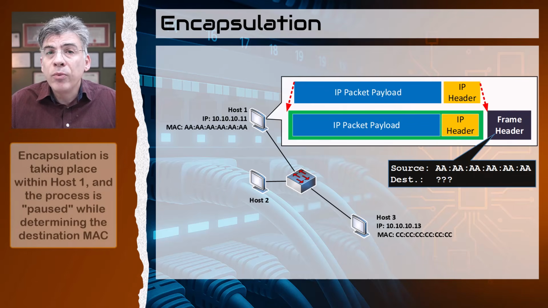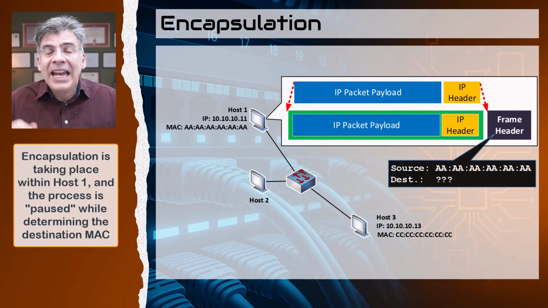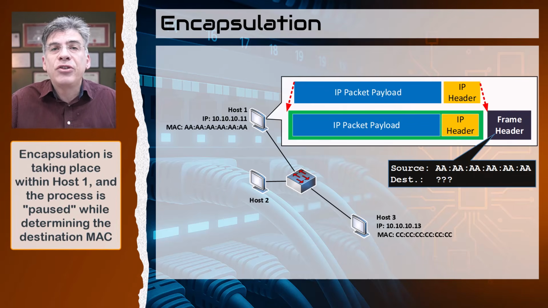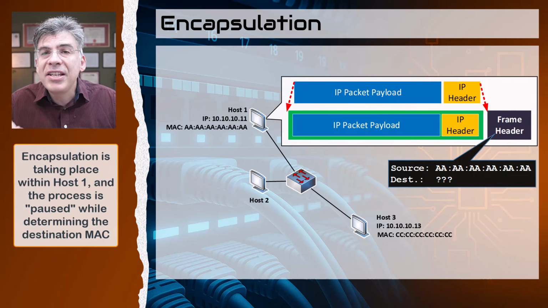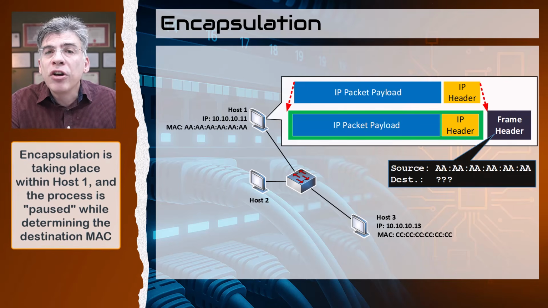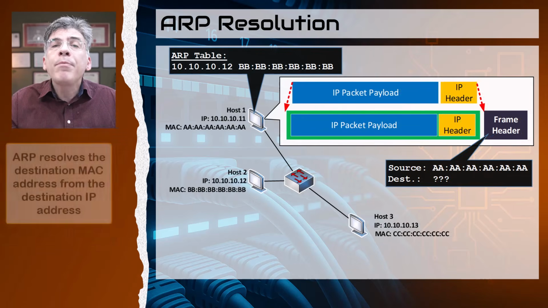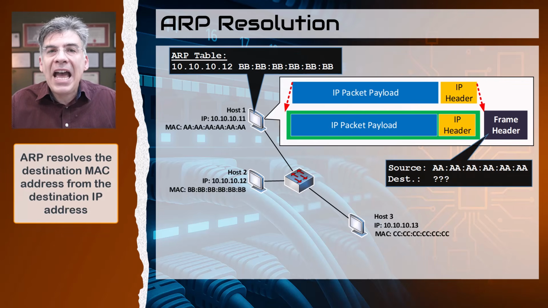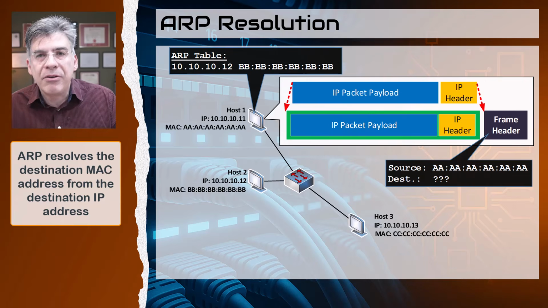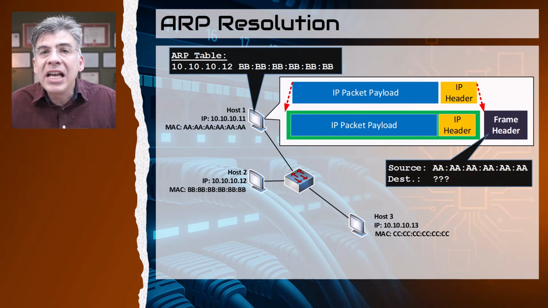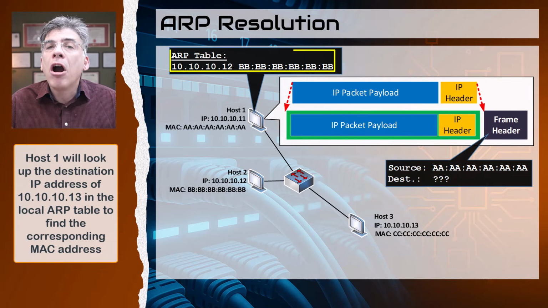Now at this point, we're in the process of encapsulation, encapsulating this IP packet into the frame, but the process pauses here in order to determine that destination MAC. Now ARP resolves the destination MAC address from the destination IP address. The first thing that the host does is look in its local ARP table.